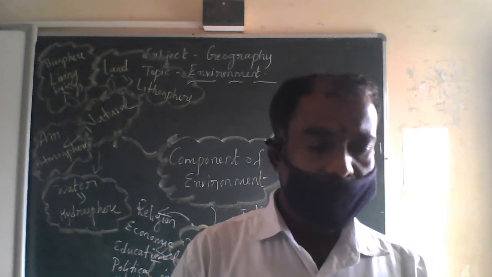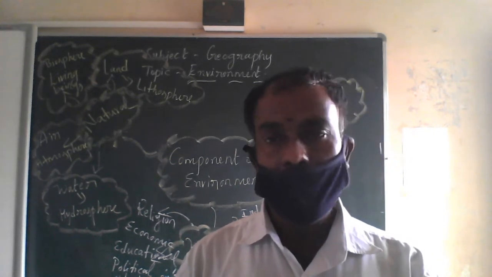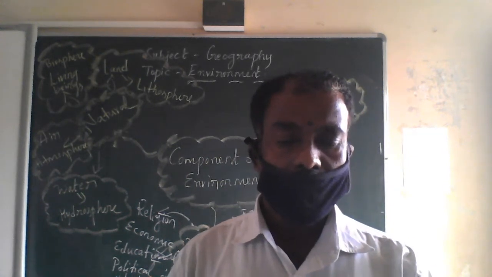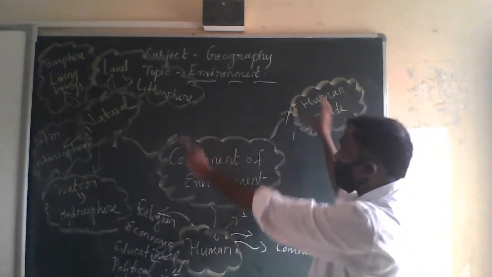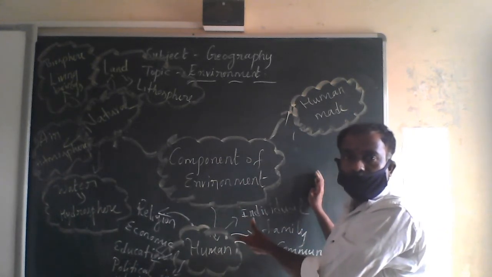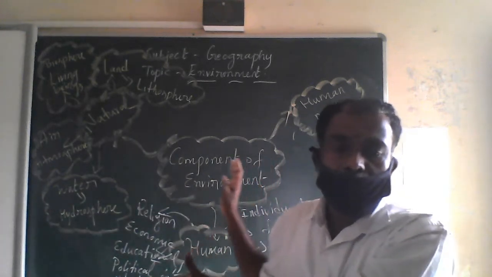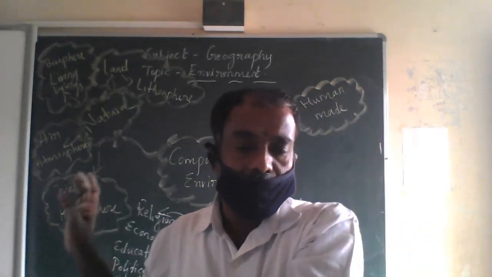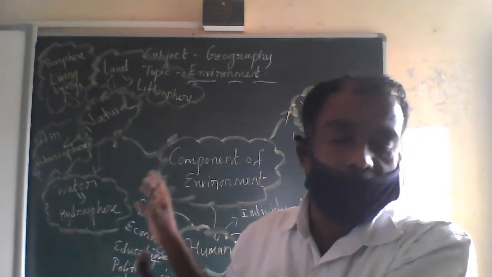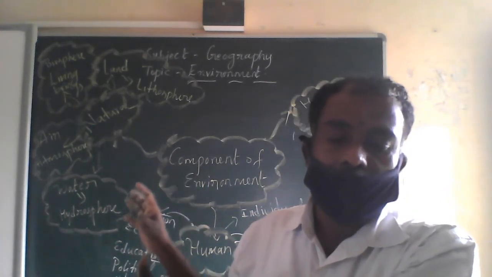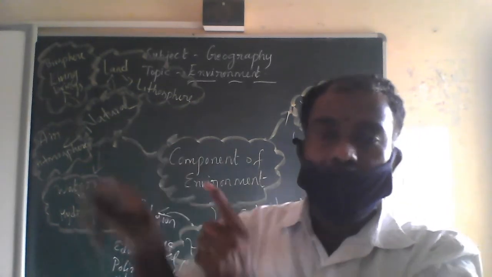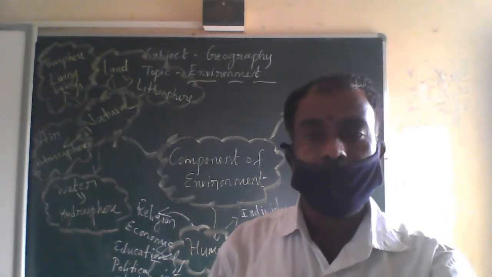Before going to discuss biotic and abiotic, I would like to clear the concept of the environment. See, from this conversation, whatever I explained in this concept map, are you getting it now? So, whatever we converse and whatever you understand, the place, things, and nature that surround any living organism, that is called an environment.